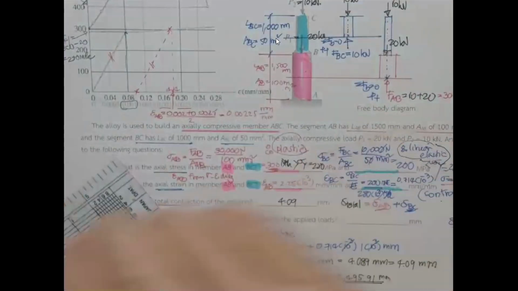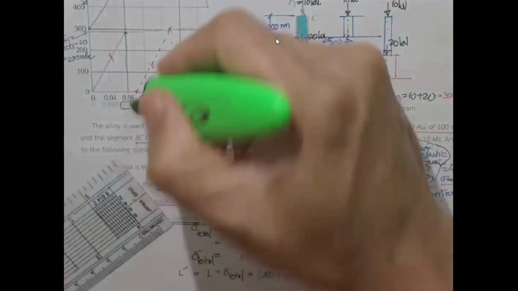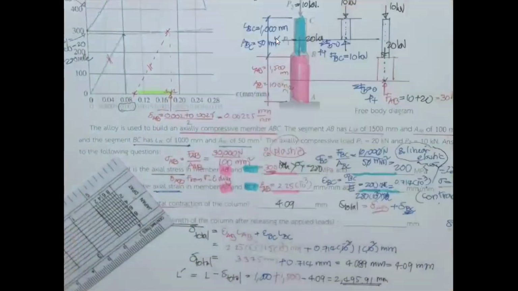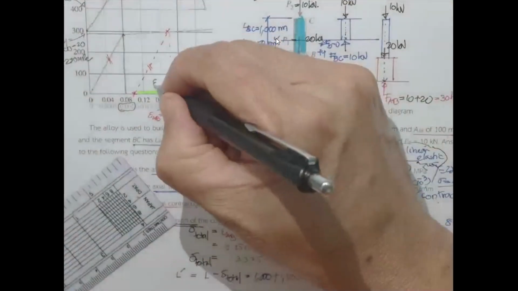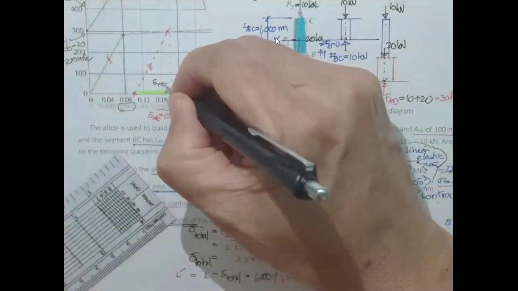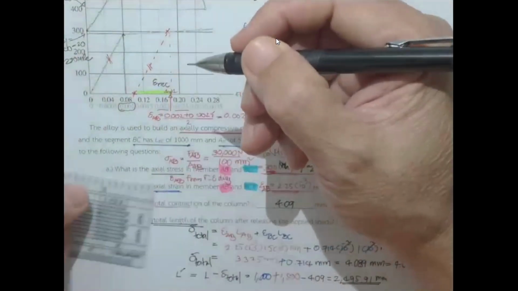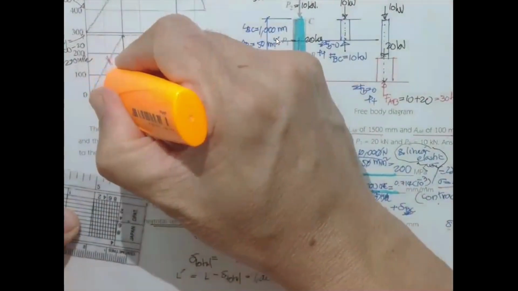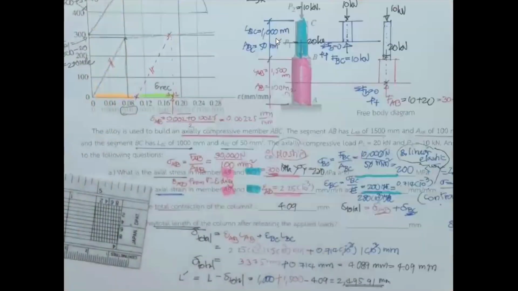And then mark over here, we will have this portion to represent recovery strain. Okay, this one will reference strain recovery. And you're going to have the portion over here. This one will be the permanent set.